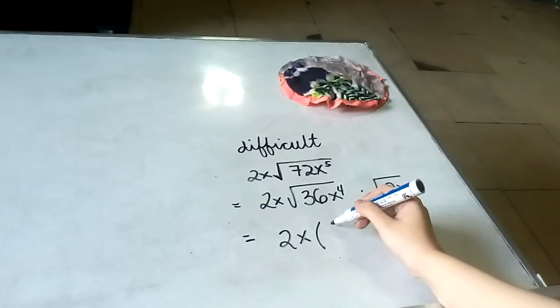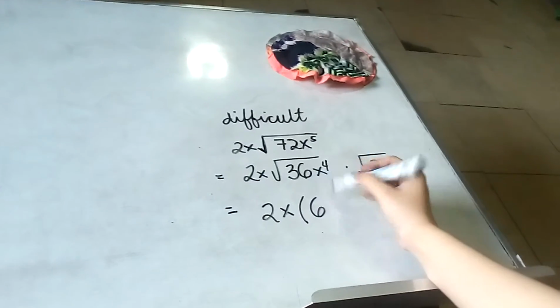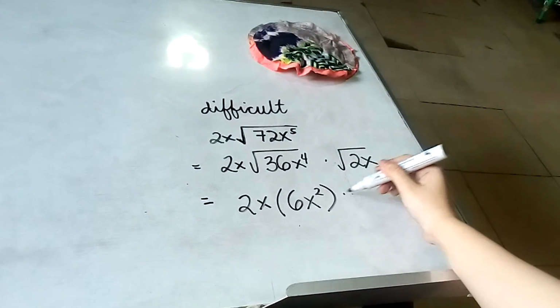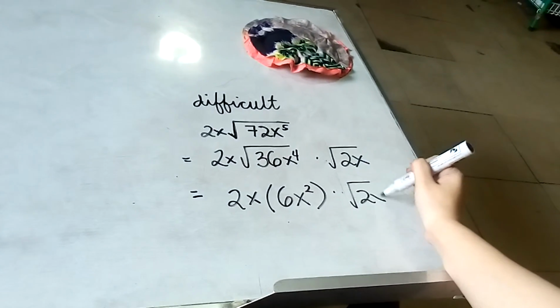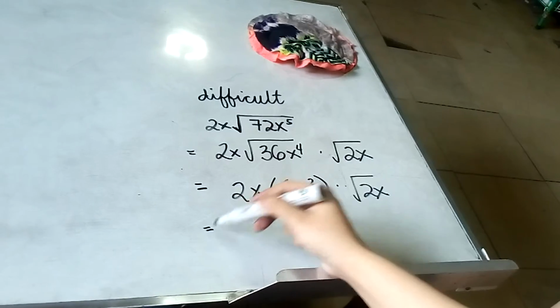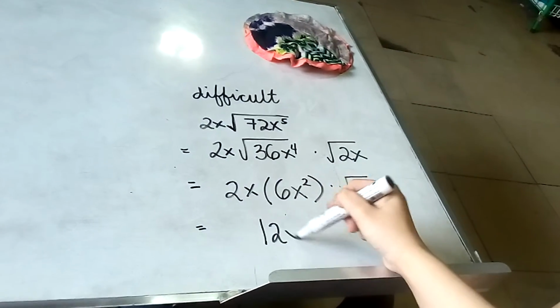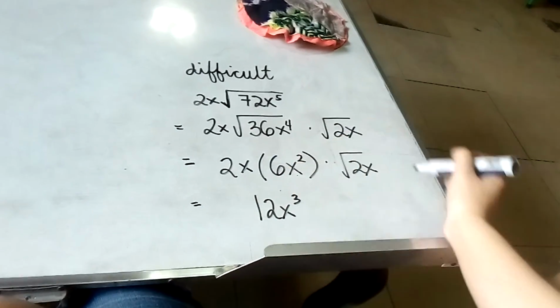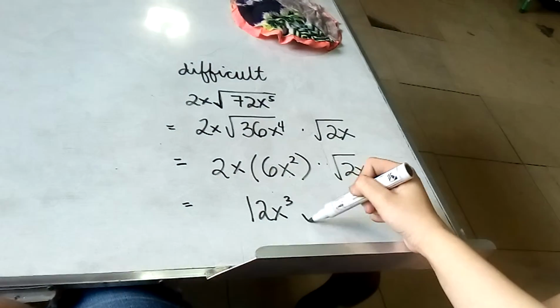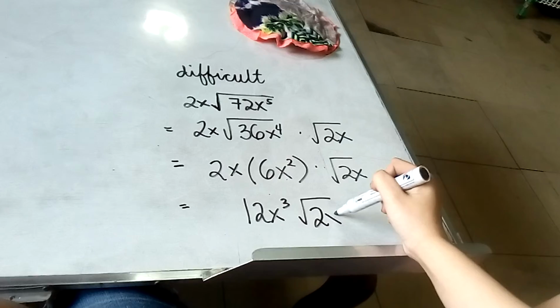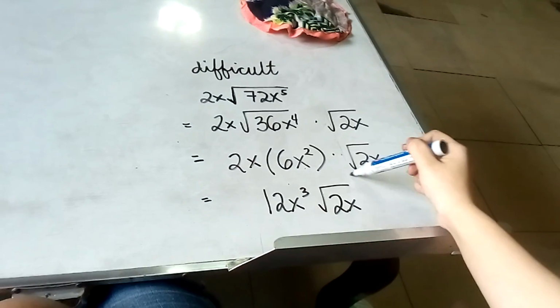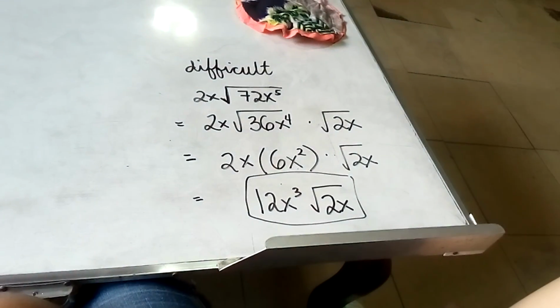Joke lang, 6 na pala. 6x squared times square root of 2x. Kaya to is x cubed. 12x cubed kasi 2 times 6, tapos ito square root of 2x. This is the final answer. Did you get it?